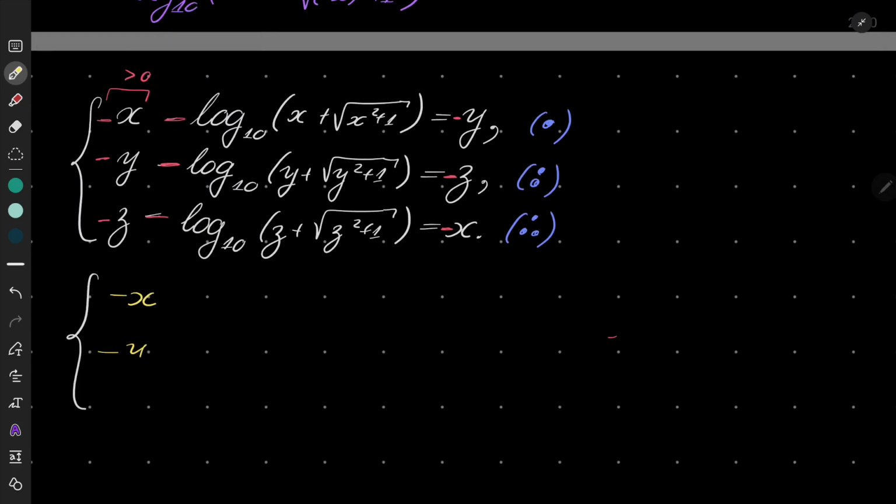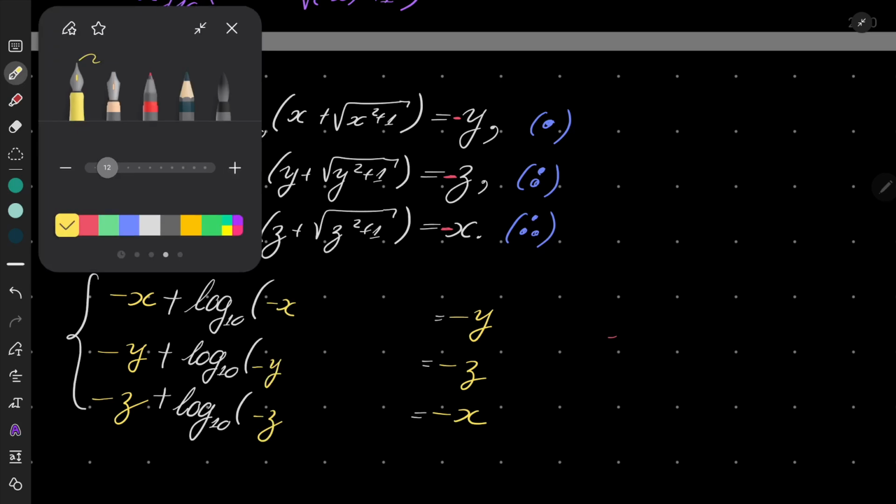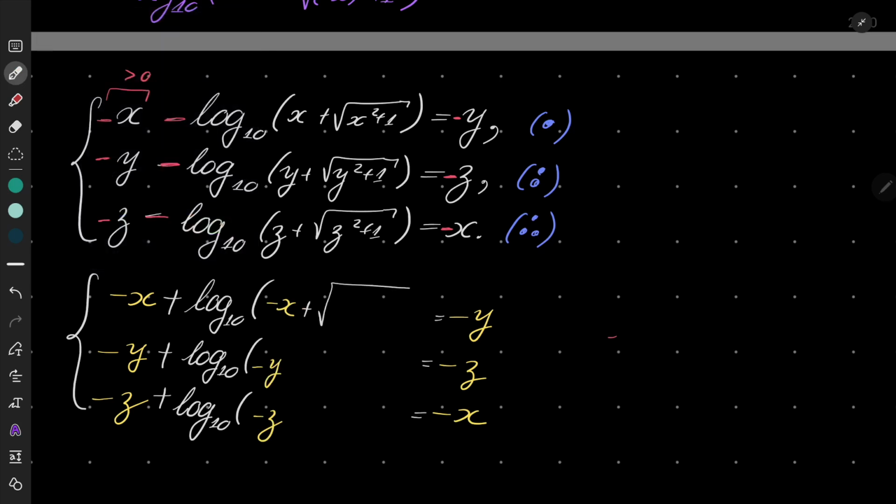So our system of equations can be written in this way: minus x, minus y, minus z, plus decimal logarithms of minus x plus square root of something, and so on. I will fill in the blanks in a moment.